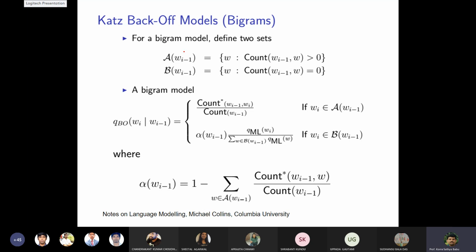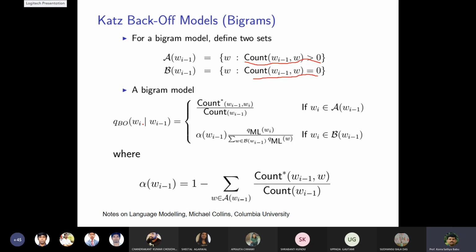So for a bigram model, you define two sets, A of wi minus 1 and B of wi minus 1. A of wi minus 1 is where the count of wi minus 1, w is greater than 0, and B is where this count value is equal to 0.